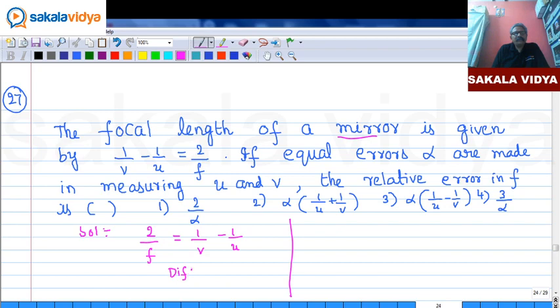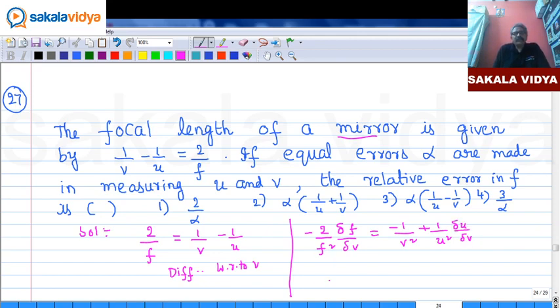Differentiate, that means we are finding indirectly with respect to v. 2 by f, differentiation of 1 by x is minus 1 by x square, so minus 2 by f square into delta f by delta v equals 1 by v differentiation, minus 1 by v square, minus 1 by u differentiation, plus 1 by u square, delta u by delta v.